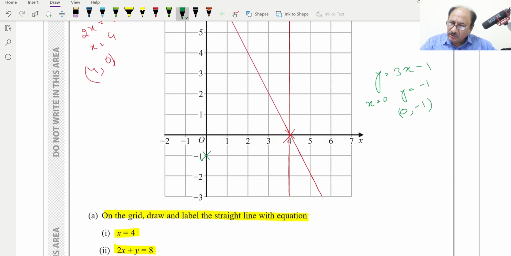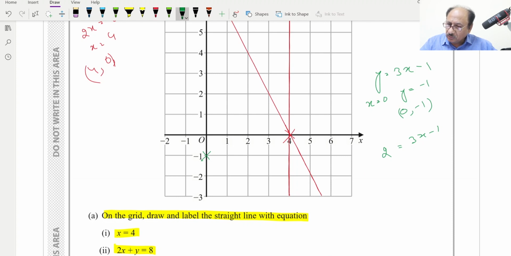Now for the second point, when y is equal to 0, 3x minus 1 will be equal to 0, so 3x is equal to 1. Or what we can do, we can take y is equal to 2. I'm looking for a round number, so that's why I'm trying different values.